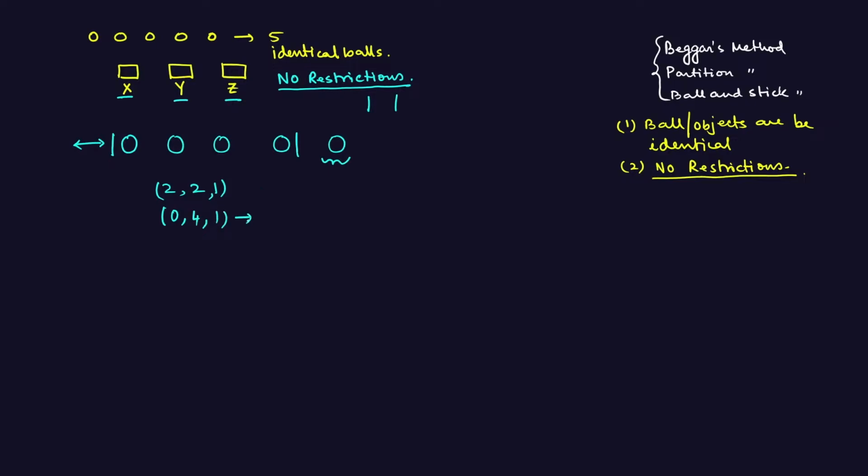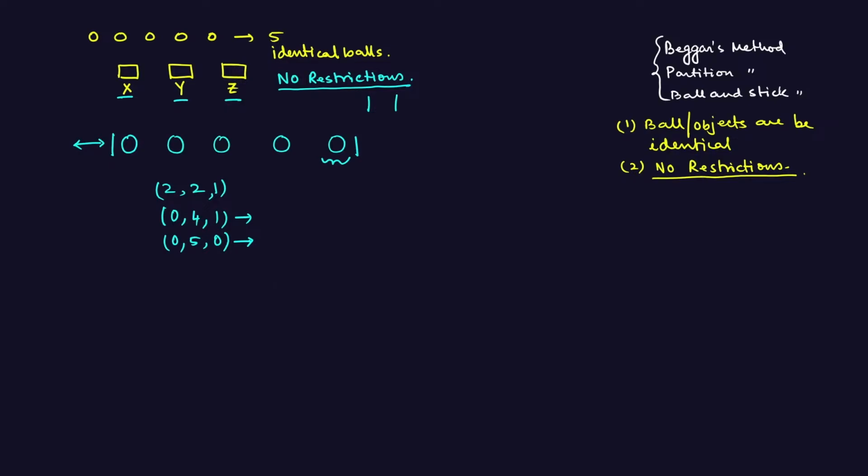This is also a way of distributing these 5 identical balls to these 3 people. If I remove this separator from here and if I place the separator here, what happens? Your X receives 0 balls, your Y receives 5 balls, and your Z receives again 0 ball. Again, this is another way of distributing these 5 balls among these 3 people, X, Y, and Z.